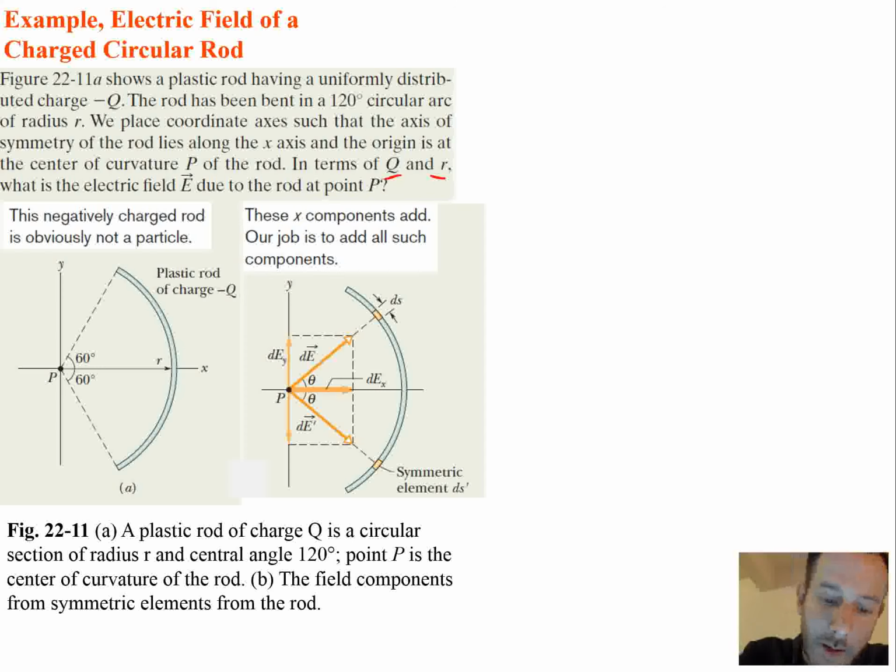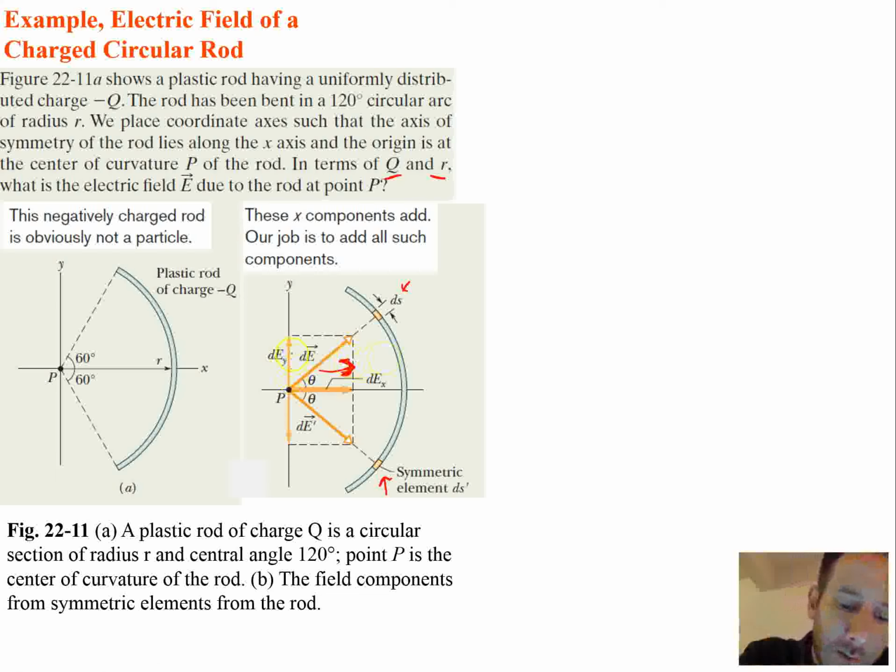All right, so again, let's look at the x components here. So if you have just randomly a ds component here and another ds element here, which again is just an incremental arc length, you can see that the x components are going to add, right, in this direction. So you have a negative charge and a positive test charge, you know they're going to attract. So you're going to end up with the electric field to the right.